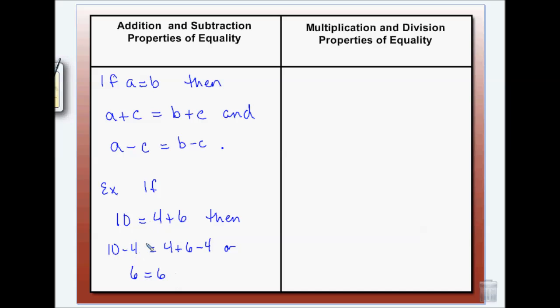So you can see that if I subtract the same thing from both sides, it stays equal. It would be the same as if I added the same thing to both sides.